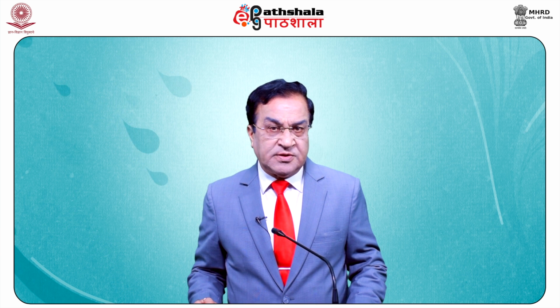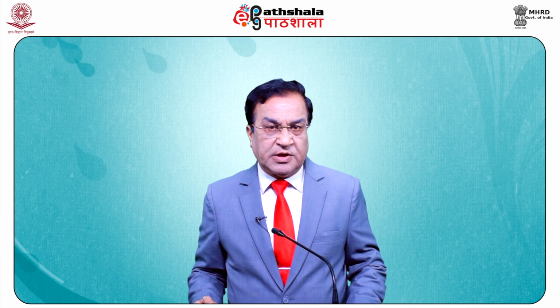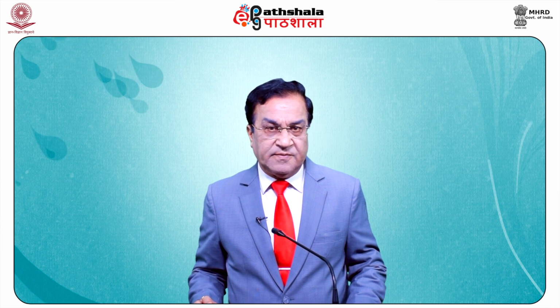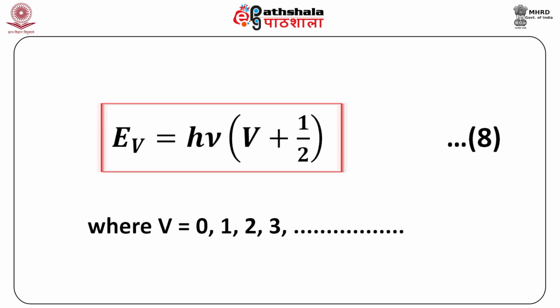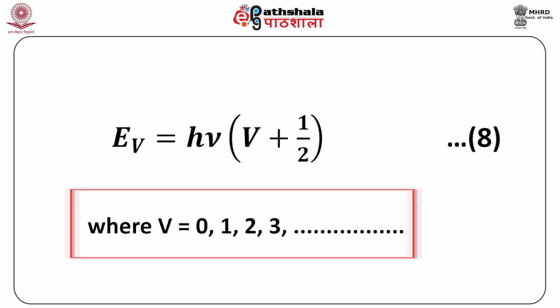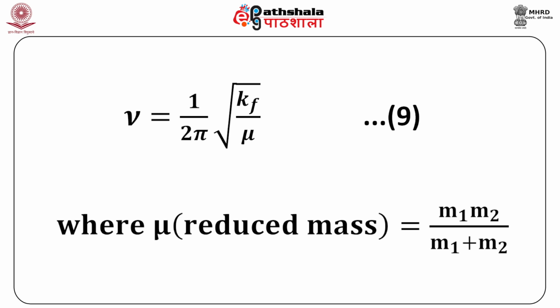Besides the vibrational wave function, solving the Schrodinger equation also gives you the vibrational energy, as shown in equation 8. Ev is equal to h nu (v plus half). Here v is the vibrational quantum number, which can have values 0, 1, 2, 3 onwards, and nu is the vibrational frequency.